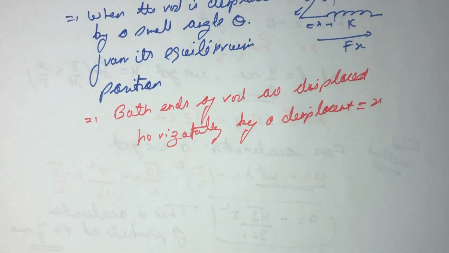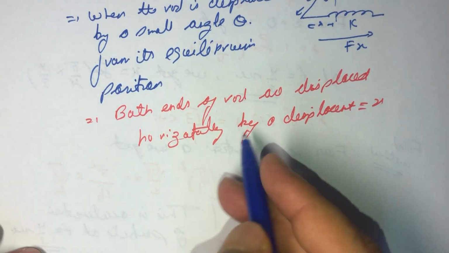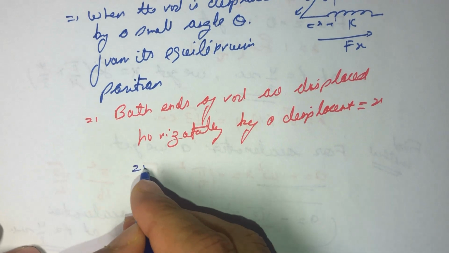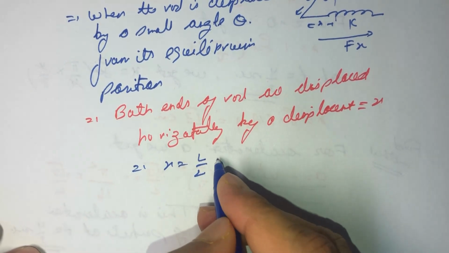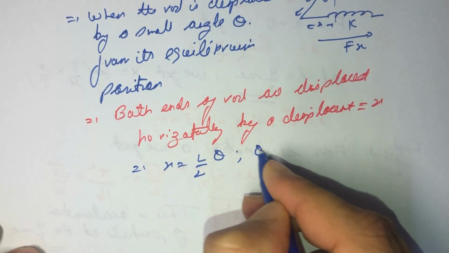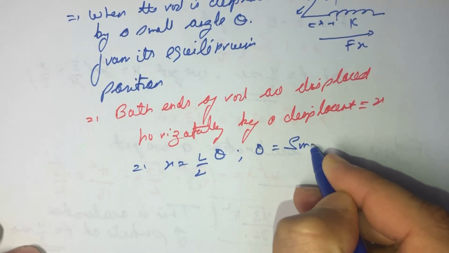Therefore we can write that x is equal to L by 2 multiplied by theta, where theta is a small angle.